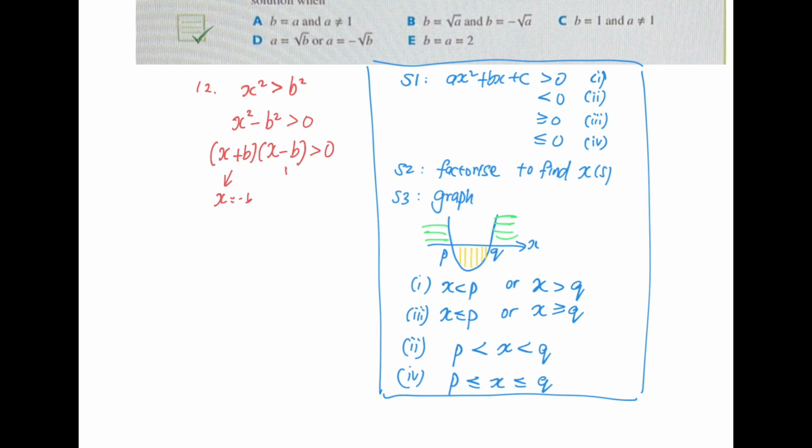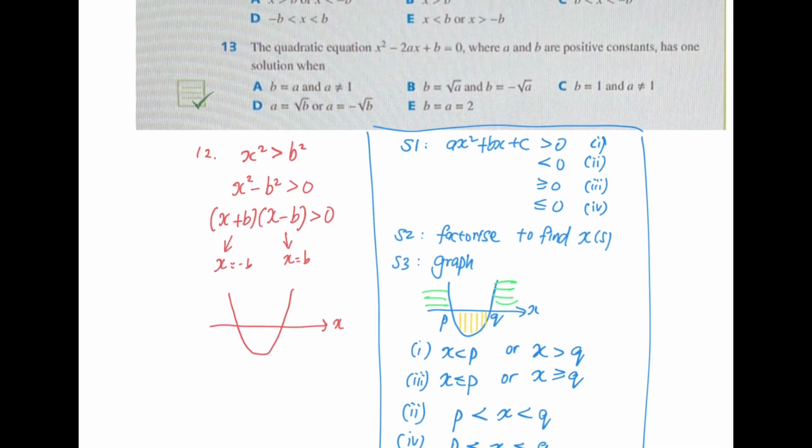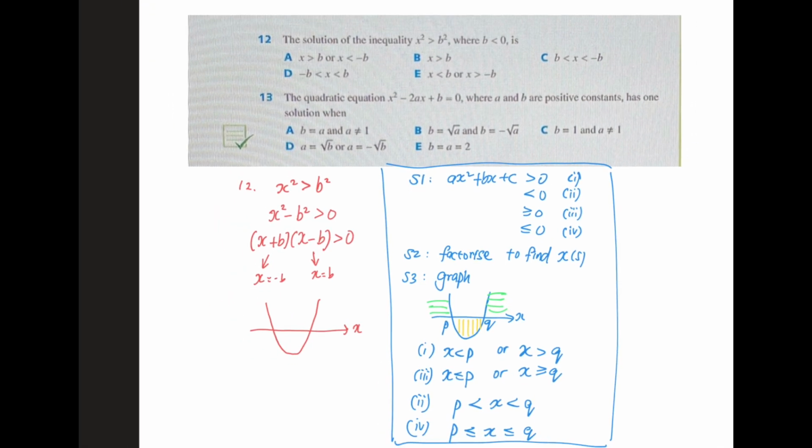And now I get 2 x values. The first x value represented by the first factor is minus b. This is b. And I sketch the graph.